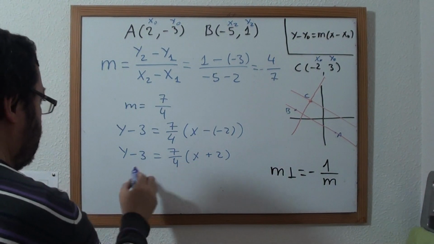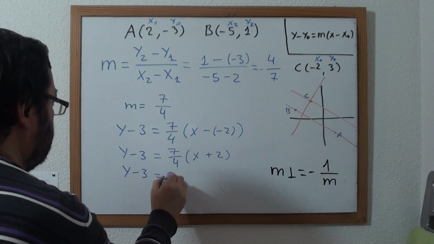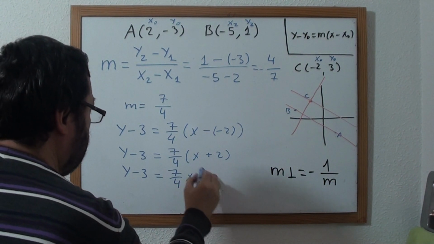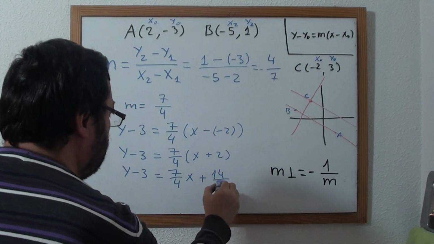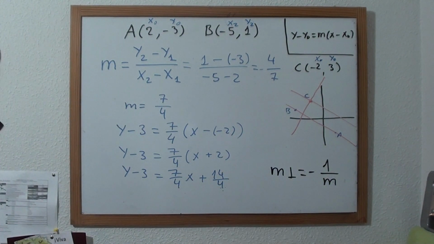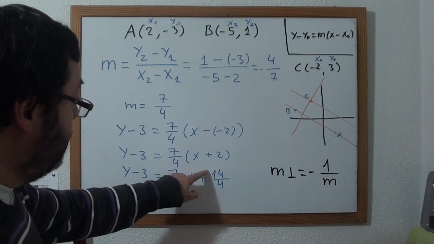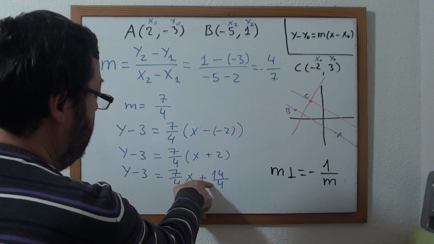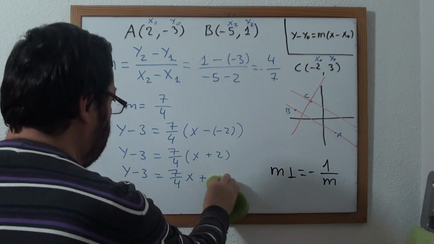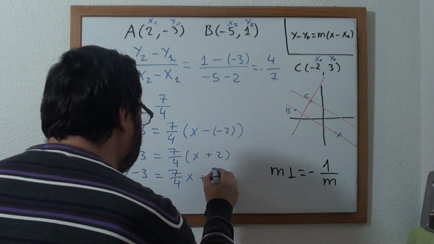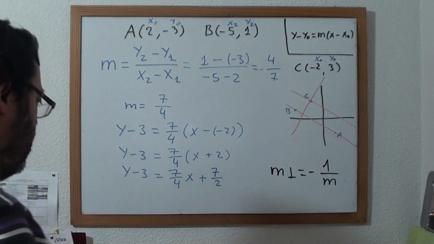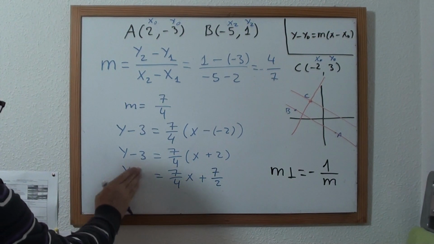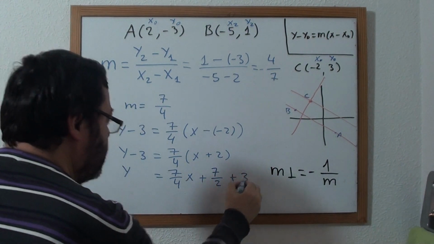Let's multiply inside. y minus 3 equals 7/4 of x plus 14/4. Okay, let's take a second here to simplify this fraction. Divide by 2 on the top and the bottom, so 7/2. And now let's bring this minus 3 to the other side, plus 3.